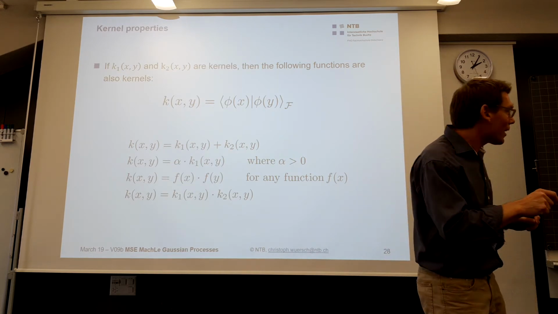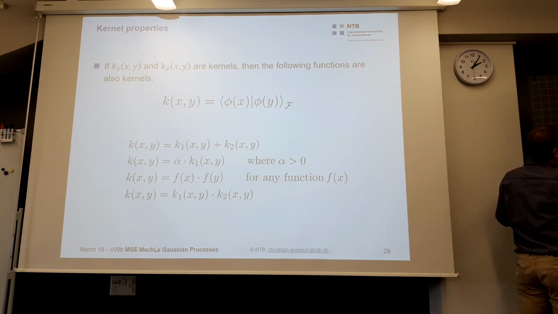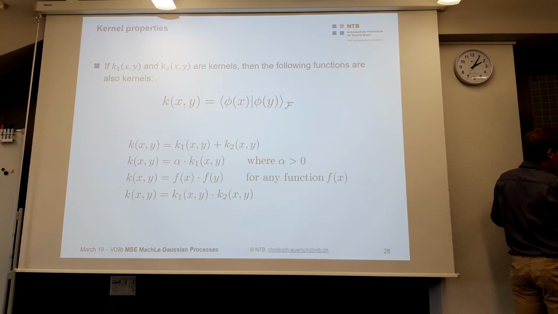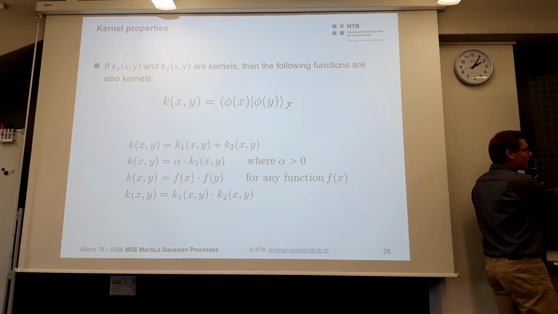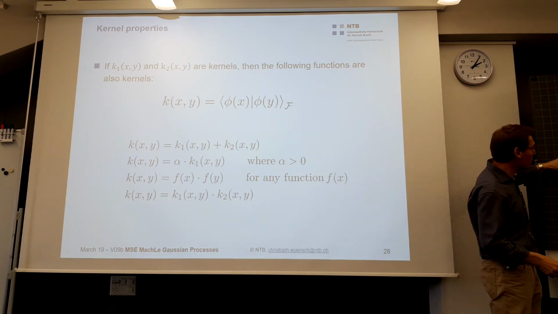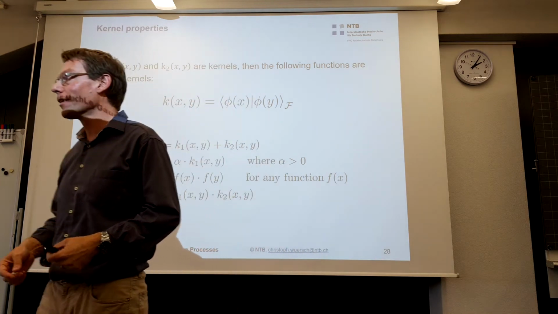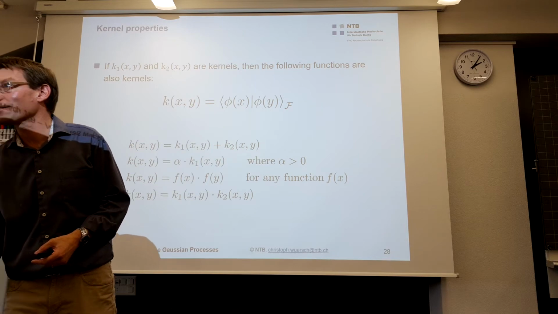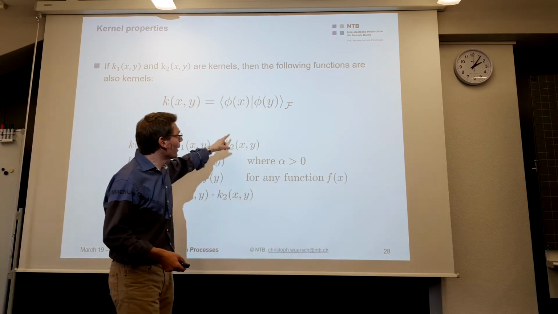If you have just a scalar product, for example two vectors, x times y, you can also calculate phi of x times phi of y. This is called the kernel trick, and by doing this you can map the space of x and y into much higher dimensions, and you get smooth borders for your class edges. This trick is used in support vector machines, and it's also used here.